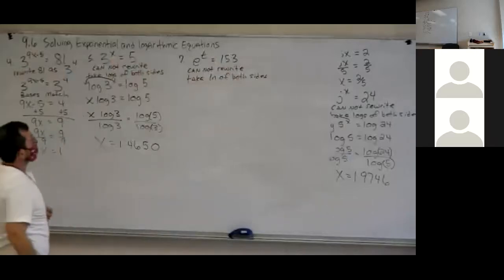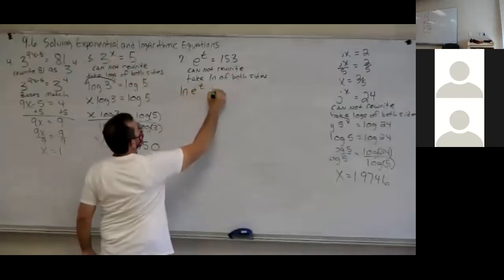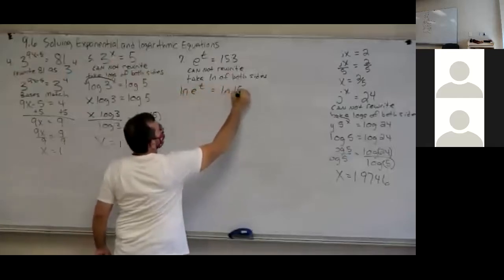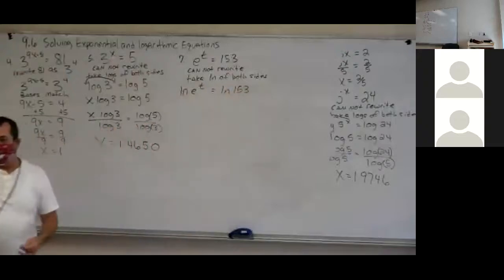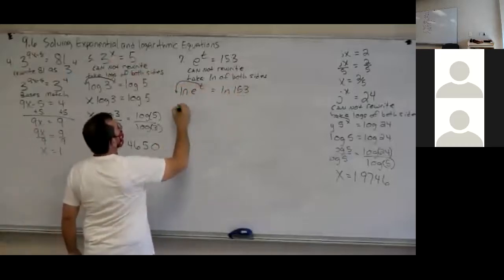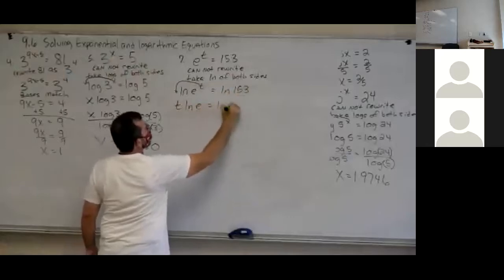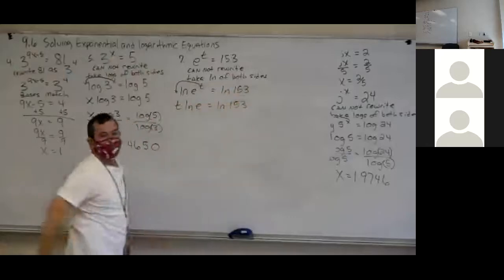Okay. Now here we go. ln of e to the t equals ln of 153. All right, so I did that. The only reason is so I can bring that t down and write it down here as a product. So I get t times the ln of e equals the ln of 153.